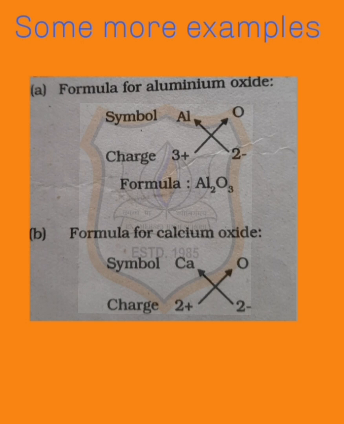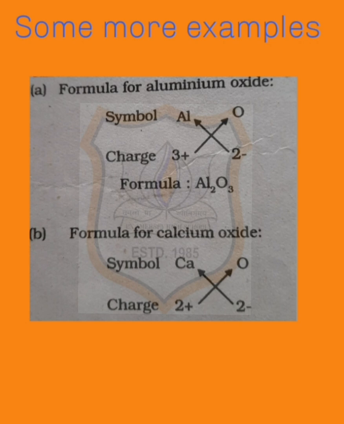Similarly, for calcium oxide, calcium will have 2 plus, while oxygen will have 2 minus. 2 plus and 2 minus will combine with each other and nullify, and the formula will be CaO. And more than that, sodium nitrate: sodium will have +1, while nitrate NO3 will have -1. Both +1 and -1 nullify each other, and we have the formula NaNO3.